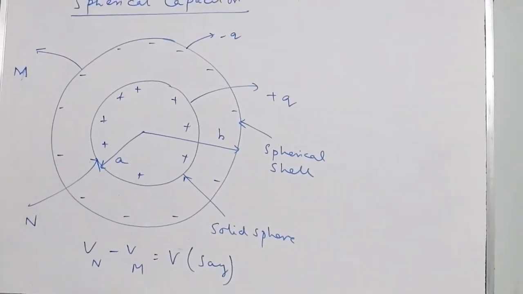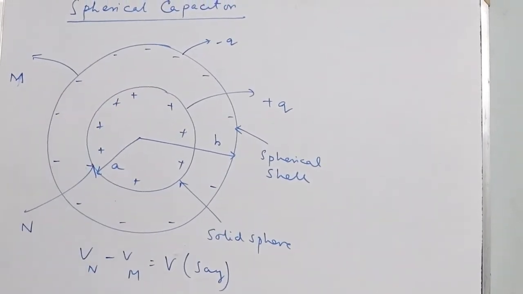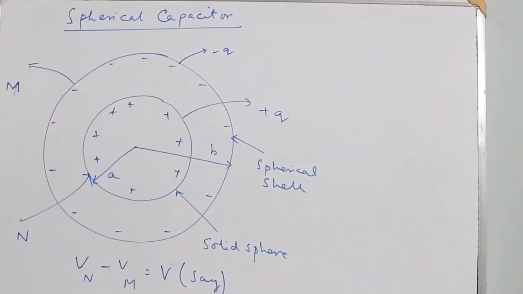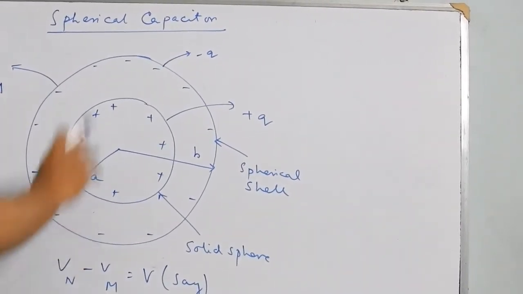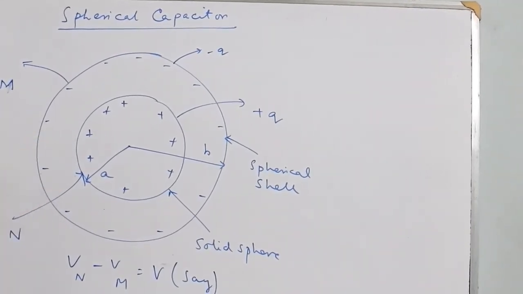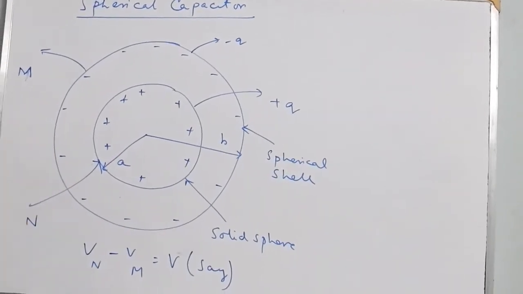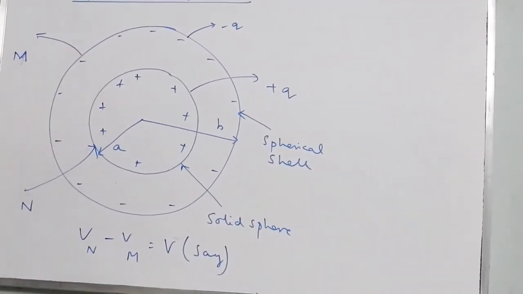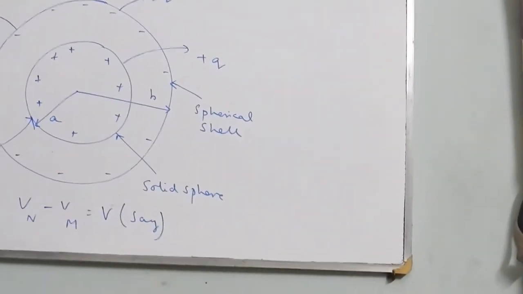Now, in order to calculate the electric field in the region between the plates, remember that plates does not mean rectangular or spherical in shape. Plates means of any cross section of any nature; there must be a separation between them. So in order to calculate the electric field, we will assume a Gaussian surface.